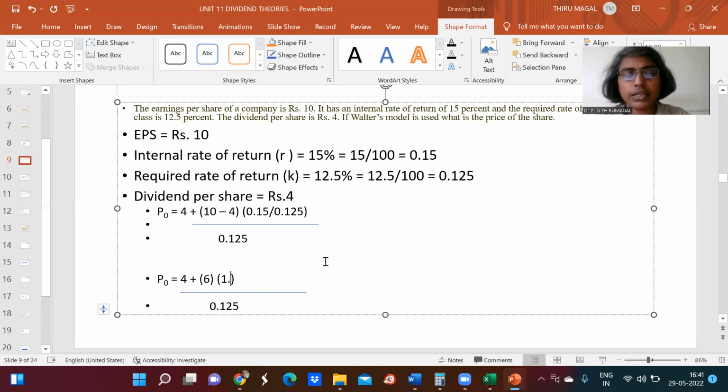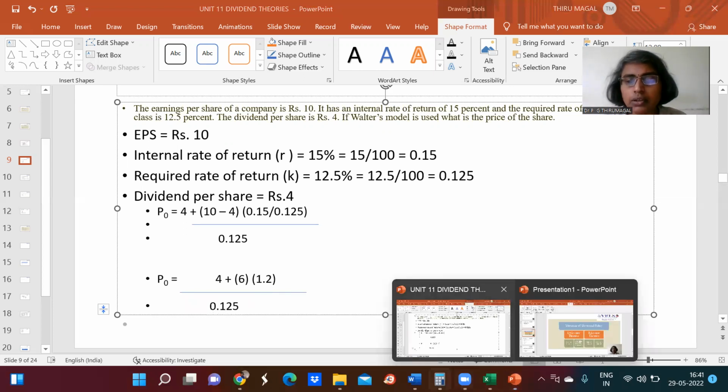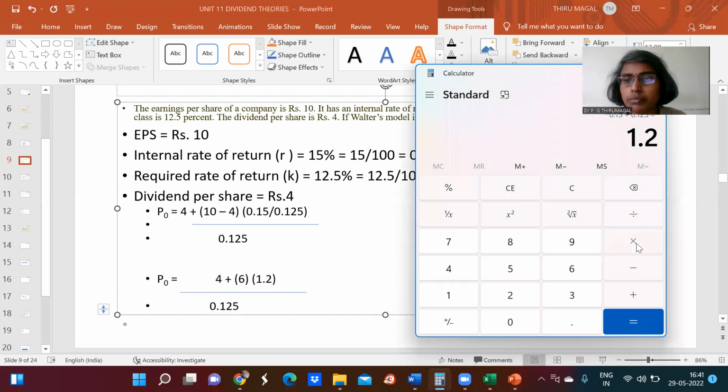Now again we need to simplify. We'll multiply 6 into 1.2, then add that value with 4, and the whole divided by 0.125. 6 into 1.2, the value is 7.2.